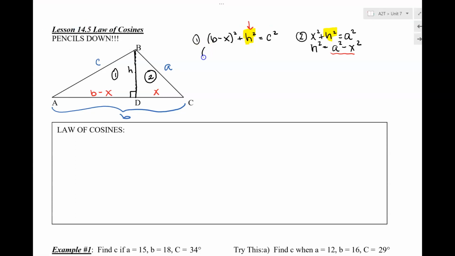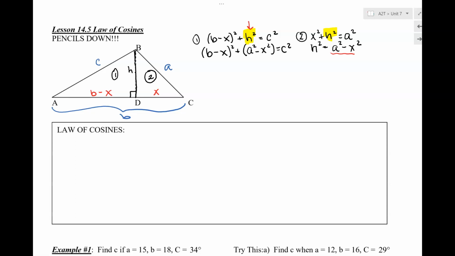So then we get the quantity of b minus x squared plus, substituting in, the quantity a squared minus x squared, equal to c squared. All right, well now there's no h, so that's excellent. We're getting closer to our goal, to only having items that we know the values for.